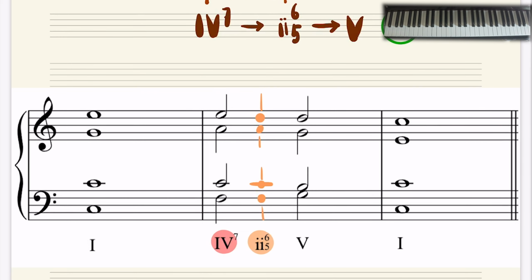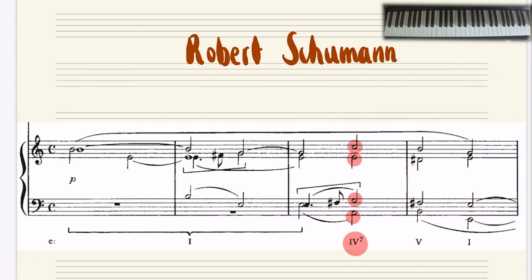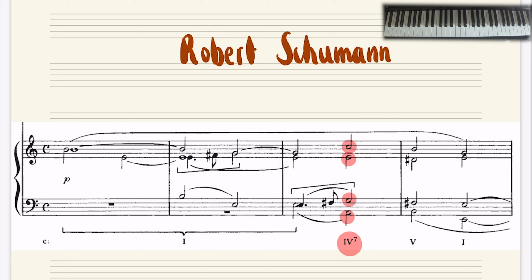Now I would like to show you an example of 4-7 from the literature. Let's take a look at a song by Robert Schumann. Now let's analyze it briefly.